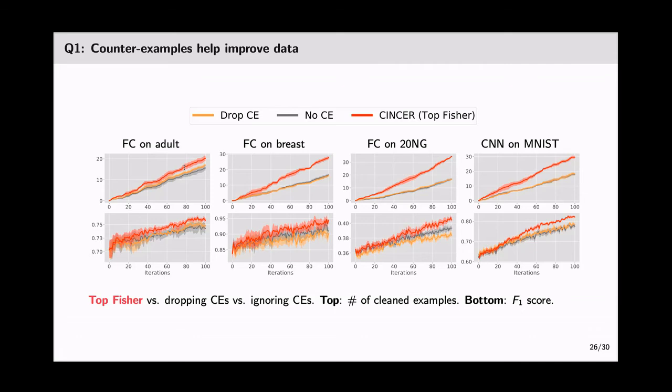And again, you can see that the red line is always above the other competitors, which means that fixing mislabeled counterexamples helps improve the performance of our algorithm and helps improve our data set. I didn't say it, this is the F1 score, bottom line.